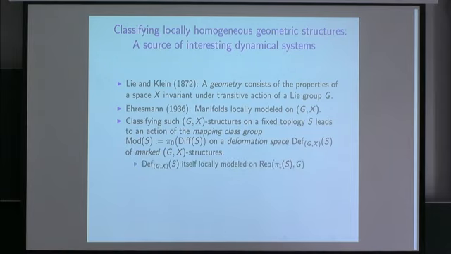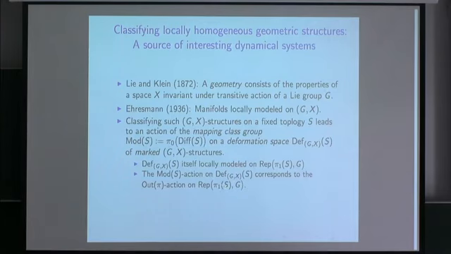Closely related is the space of representations of the fundamental group of S, the topology, into the Lie group G. This I will denote by Rep(π1(S), G), the space of equivalence classes of representations, which in general is not that nice a space, but it can be repaired to make it into a manifold or stratified into manifolds.